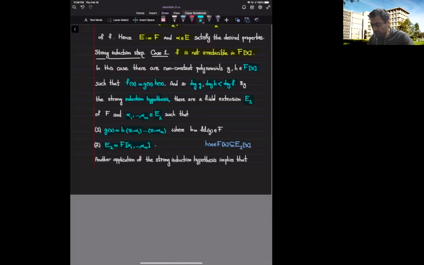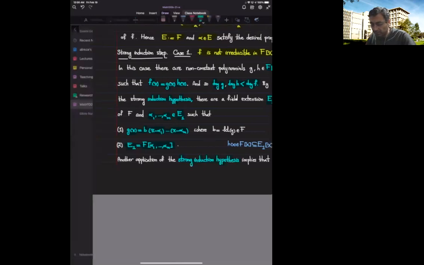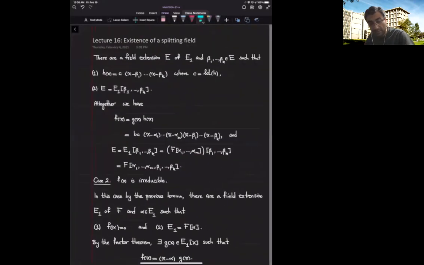So by the strong induction hypothesis, this time using it for the polynomial h and the field E1, there exists a field extension E of E1 and elements beta 1 through beta k, again, there might be multiplicity among them, such that the polynomial h can be factored completely into linear factors given by x minus beta i's.